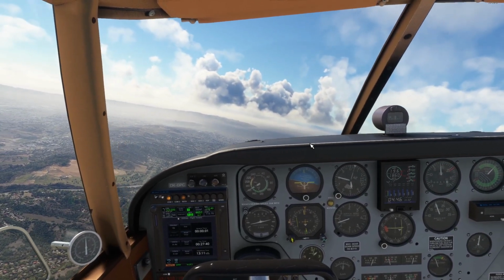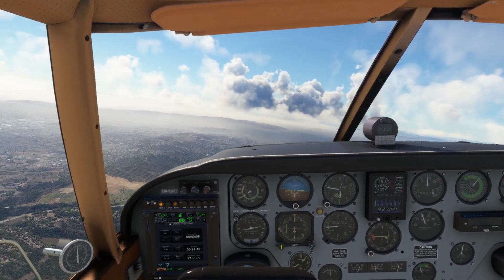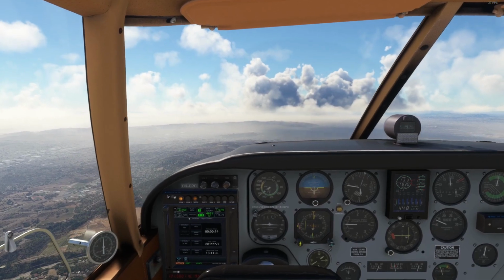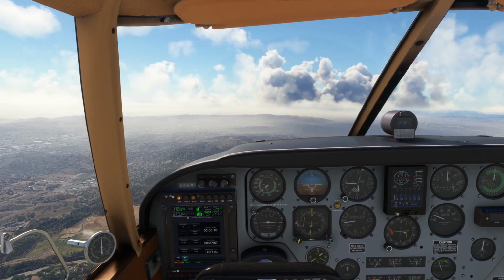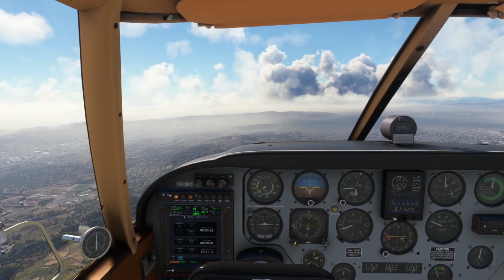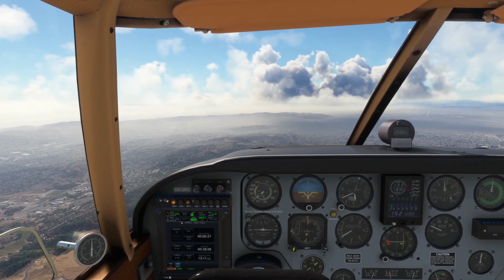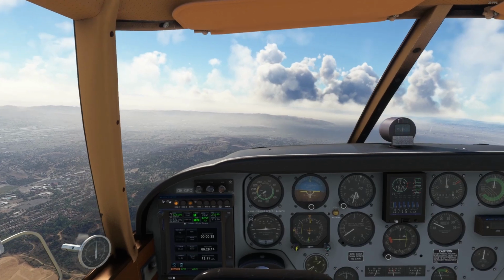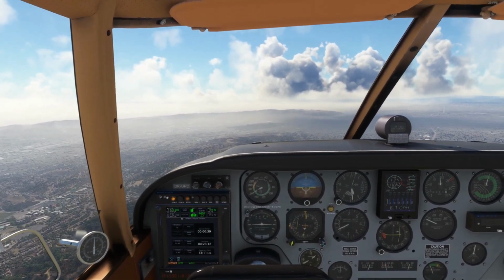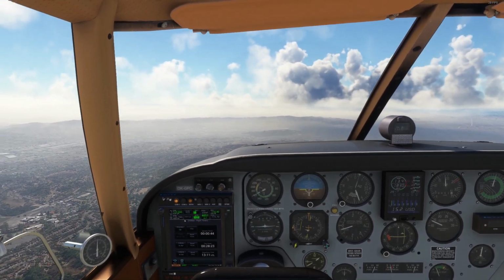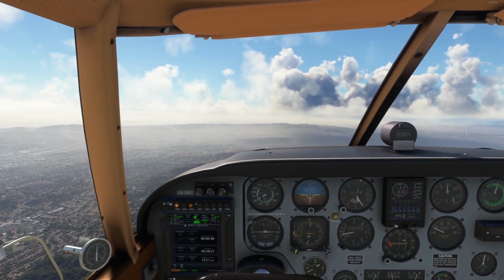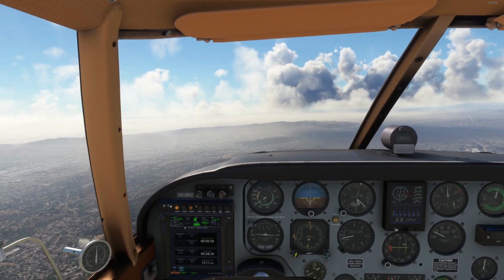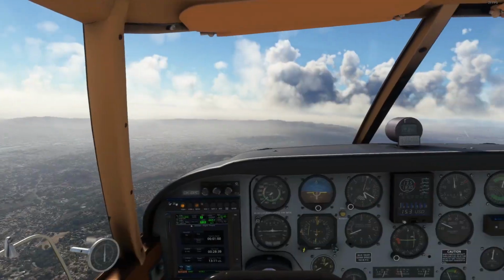1 minute. It holds altitude. Yeah. Let's hope it starts to descend. Turn on the landing lights. One minute.